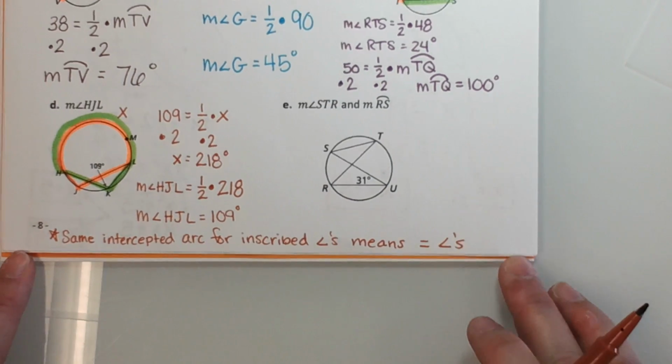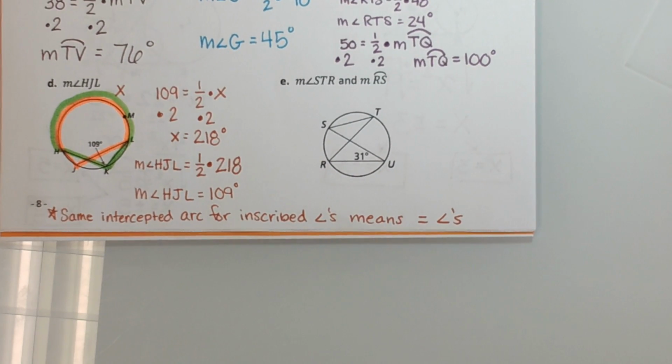If you have the same intercepted arc for inscribed angles, that means the angles are going to be equal.